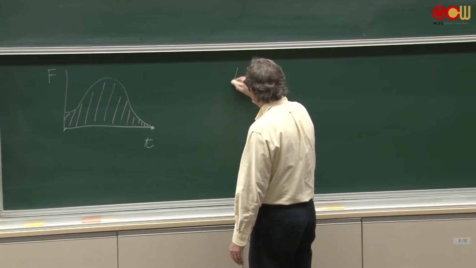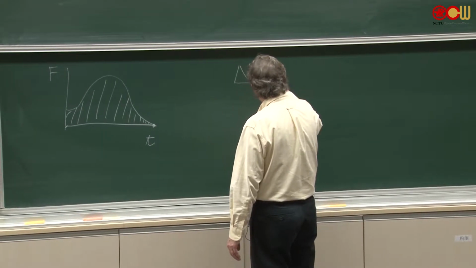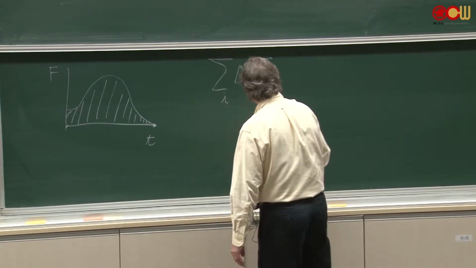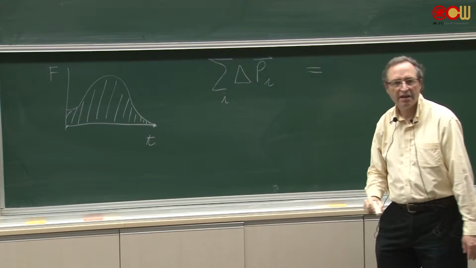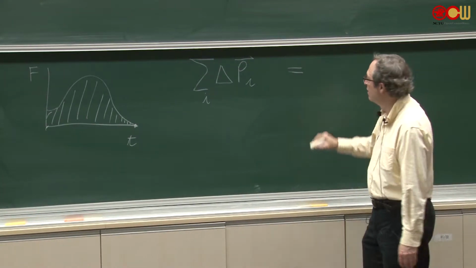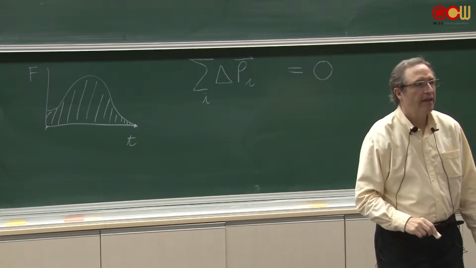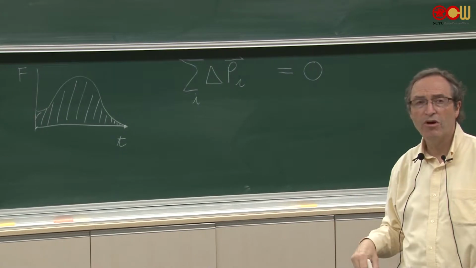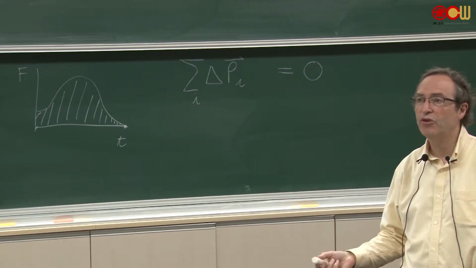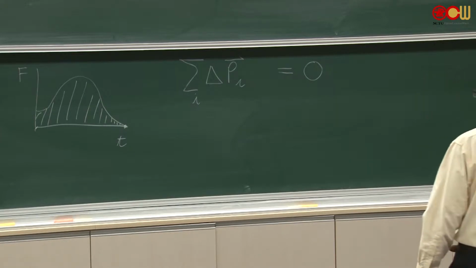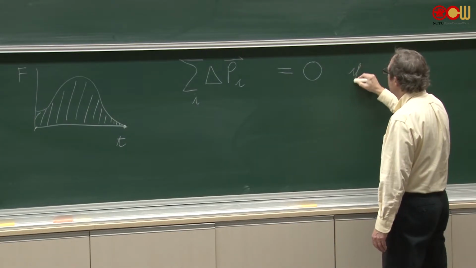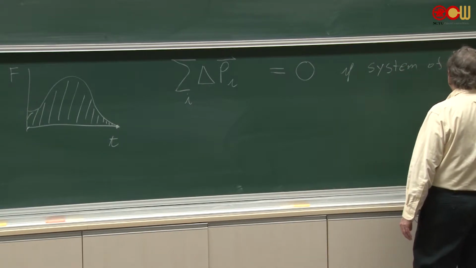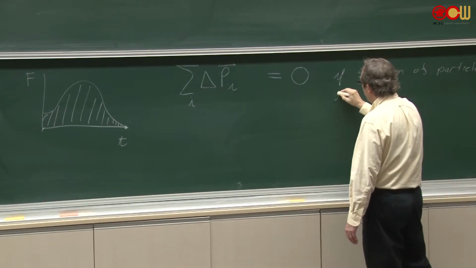All right. So what does that mean? So what I just said is delta P for a whole bunch of particles is 0 if the system of particles is isolated or the impulses due to external force are negligible.